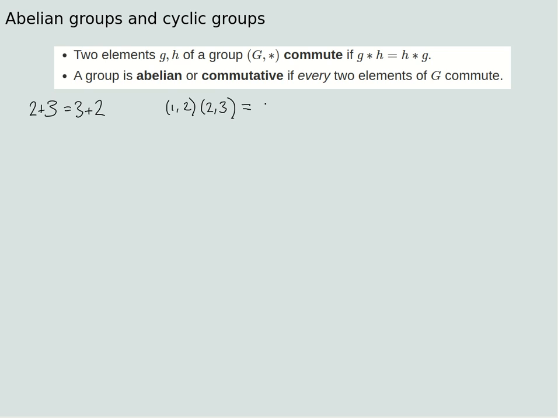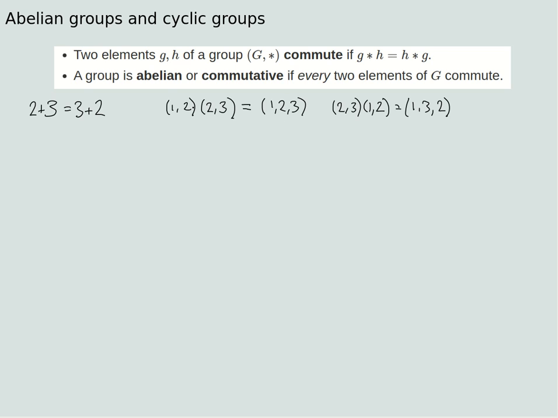And what we get when we do this is the permutation (1 2 3). But on the other hand, if we do this the other way around, (2 3)(1 2), this time we will get (1 3 2). Those two permutations, (1 2 3) and (1 3 2), are not equal to one another.